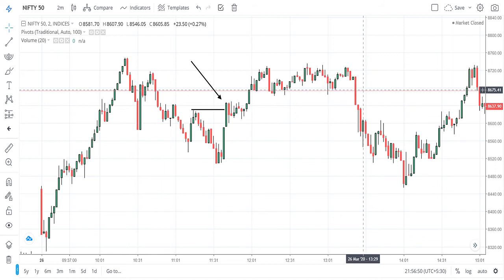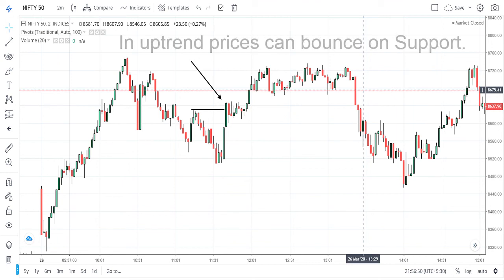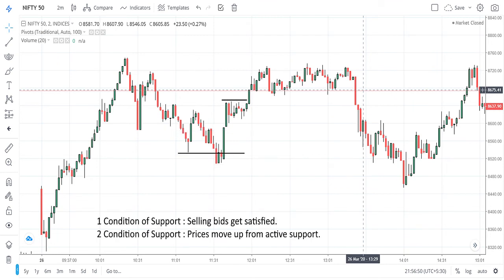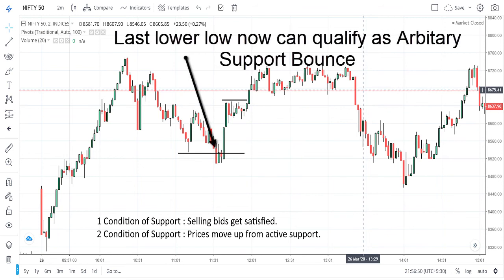Here's how we got that extra level of confirmation. We know prices bounce off support. Now while retracing, prices do fall by creating temporary support levels. Now we place a support on the last but one lower low. This can act as support on which we can expect selling bids to get satisfied. Here we can see prices bounced off that support and moved up.